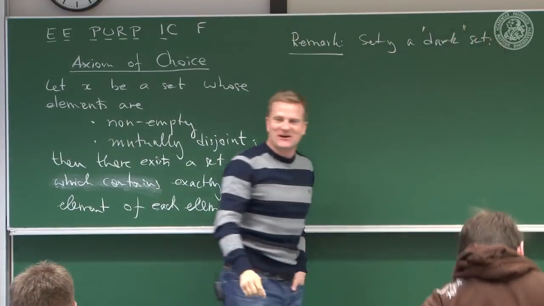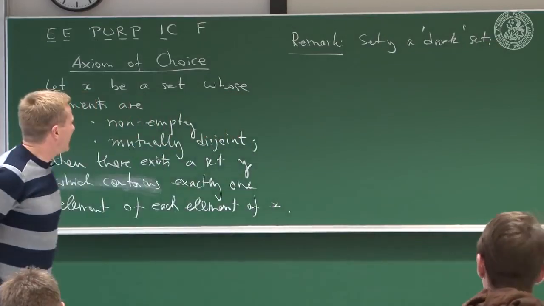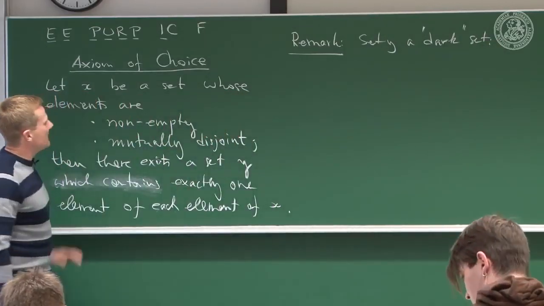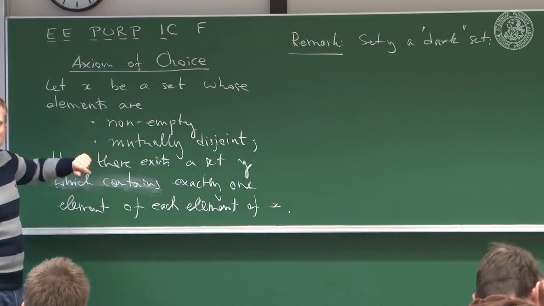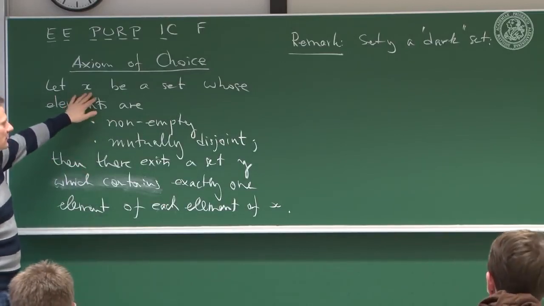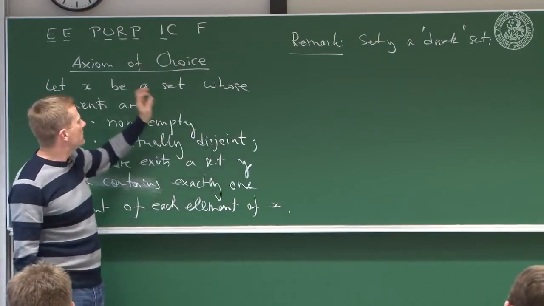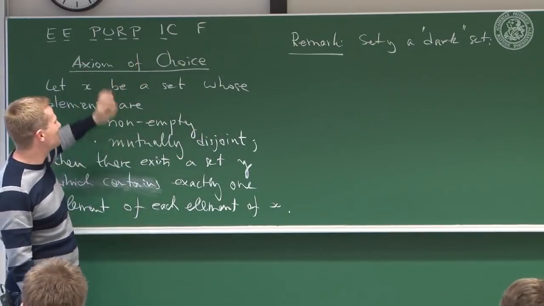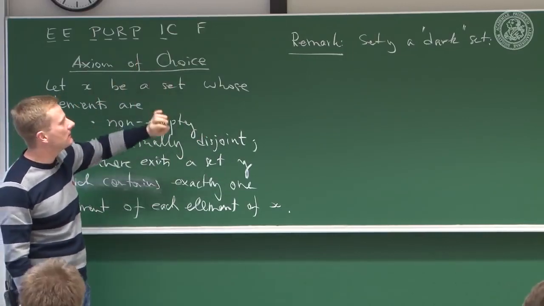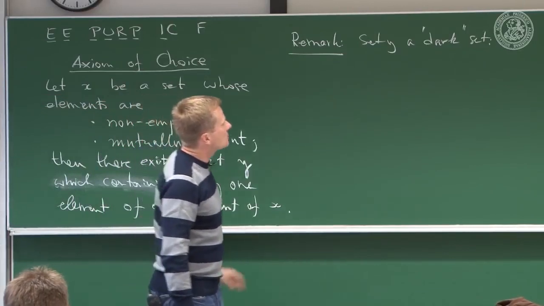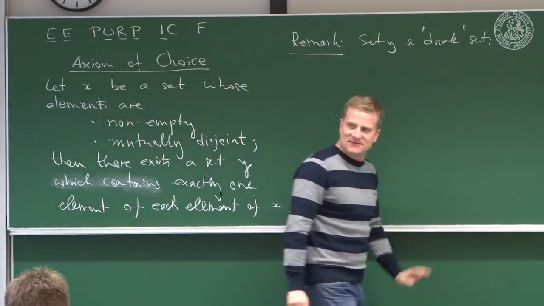So what's so dark about it? Well, given any set X, it's not so clear. There's no clear prescription of how you pick an element of each of the elements of X, right? So that's the dark side of it.